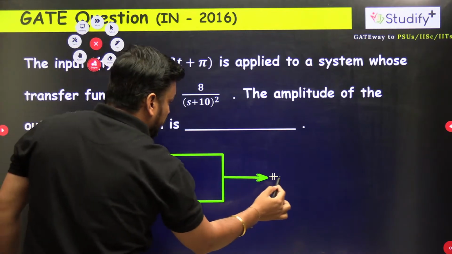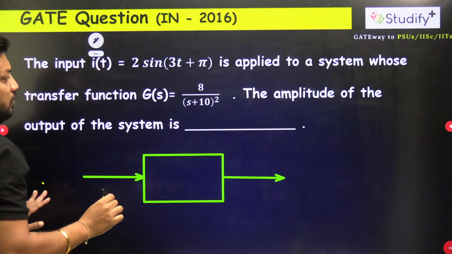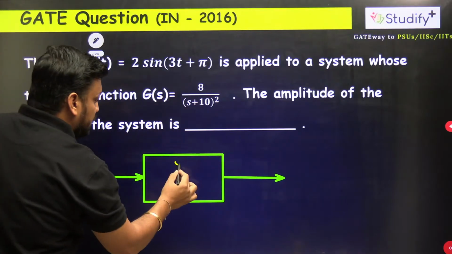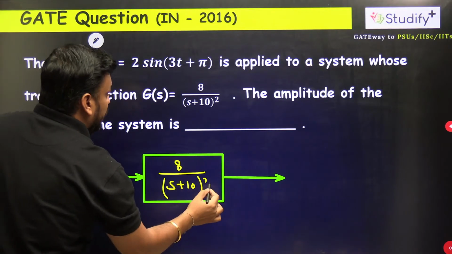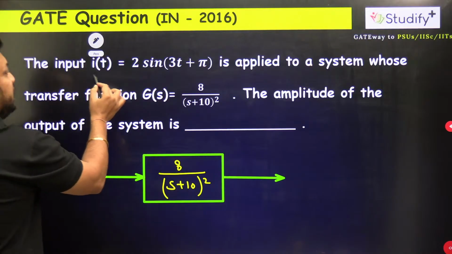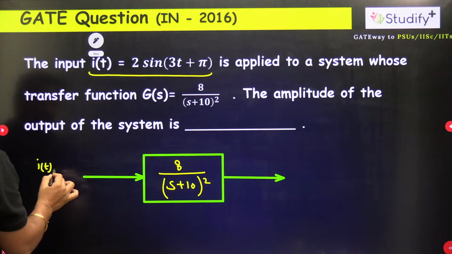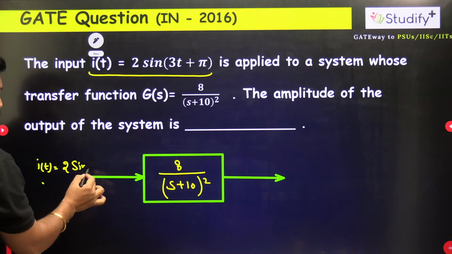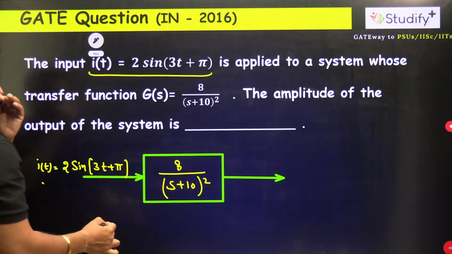For your better understanding, I am making this diagram. Here the transfer function I am writing is 8 upon (s plus 10) whole square. And what is the input given to us? The input is i(t), which is nothing but 2 sin(3t plus pi), applied to the system transfer function.